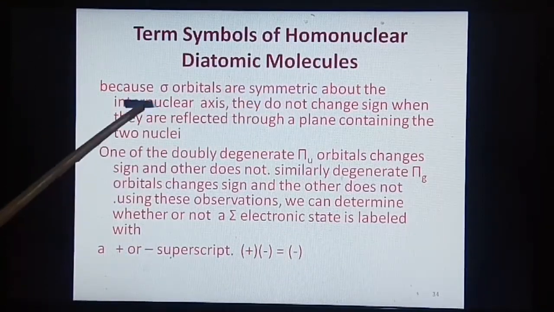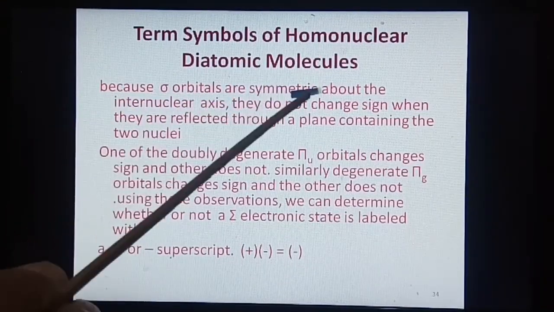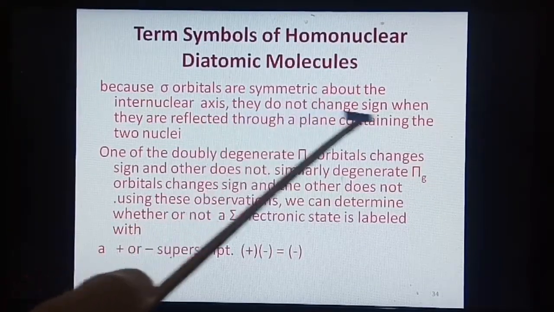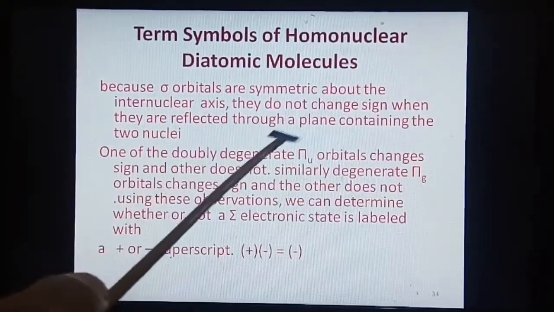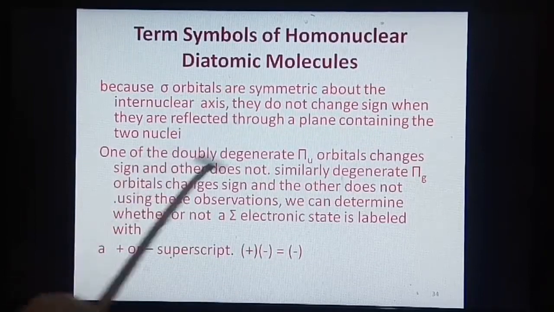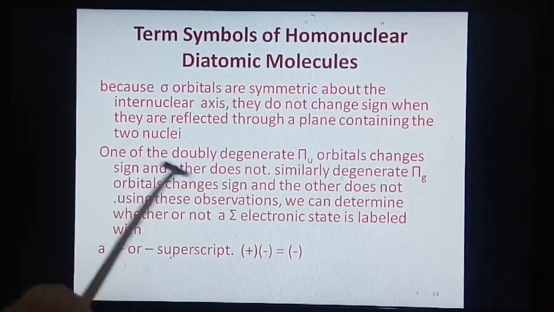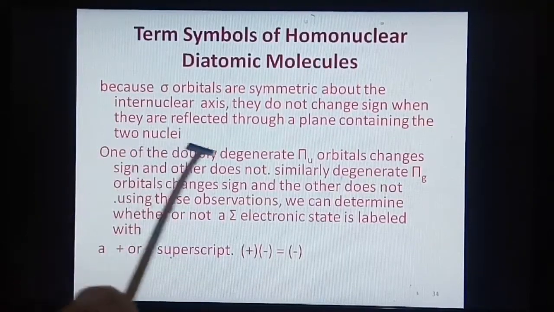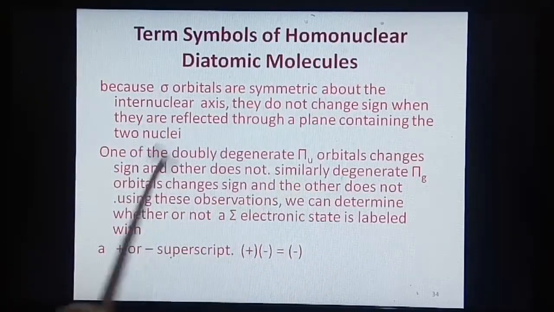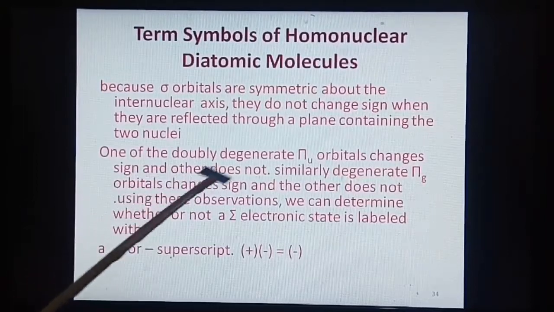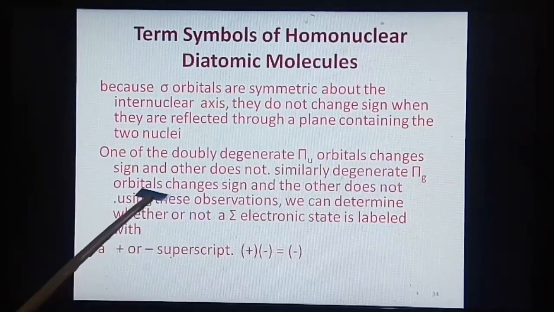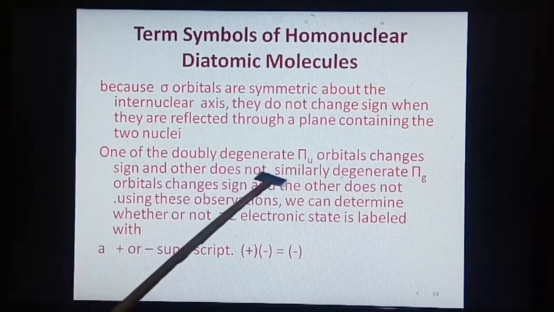Now, because sigma orbitals are symmetric about the internuclear axis, they do not change sign when they are reflected through a plane containing the nuclei. As we have discussed in the earlier slide, the sigma orbitals are always symmetrical. One of the doubly degenerate pi u orbitals changes sign and the other does not.